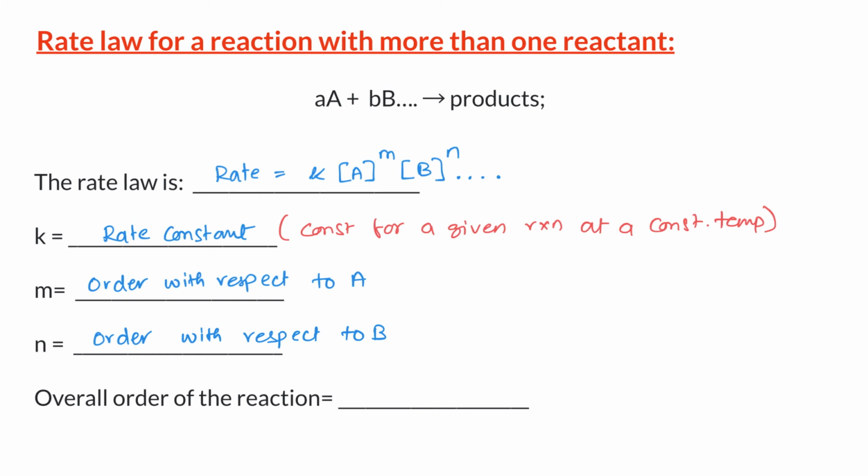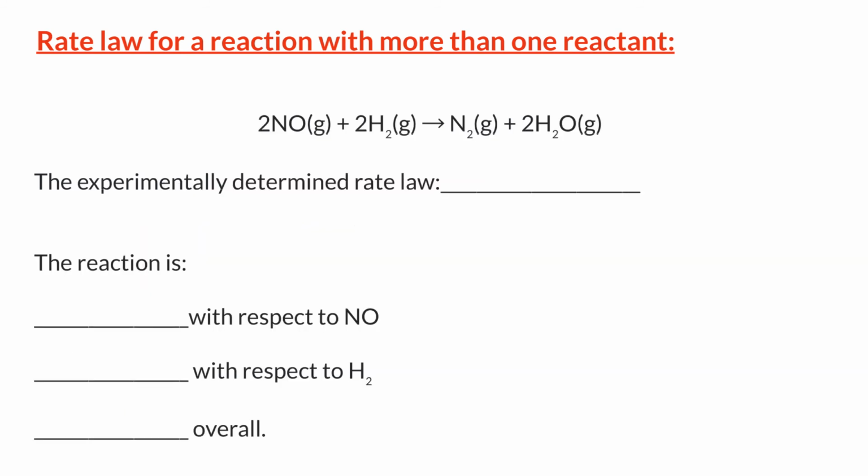And the overall order of the reaction is equal to the sum of all individual orders, that is m plus n and so on. For the reaction shown below, that is 2 moles of nitric oxide reacts with 2 moles of hydrogen to form 1 mole of nitrogen and 2 moles of water, the experimentally determined rate law is the following.